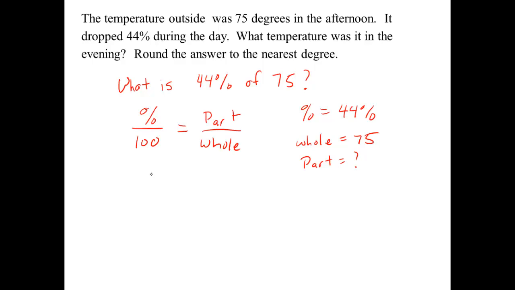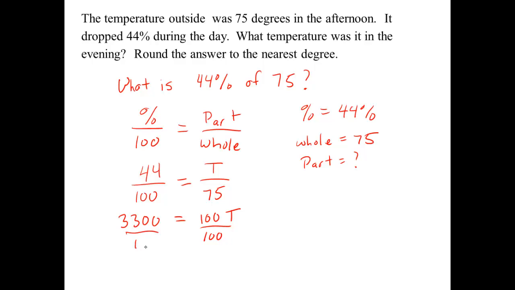We can fill in our proportion and say 44 as a percent over 100 is equal to part, which we don't know, over whole, which is 75. We will cross multiply, and we get 3,300 is equal to 100 t. To solve for t, we will divide both sides by 100, and we get 33 is equal to t.